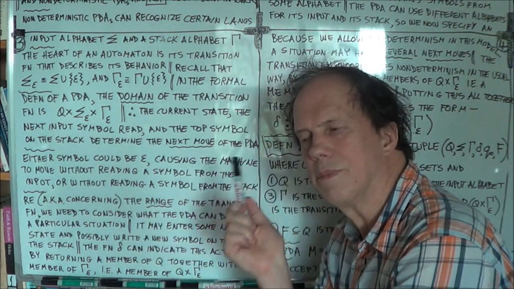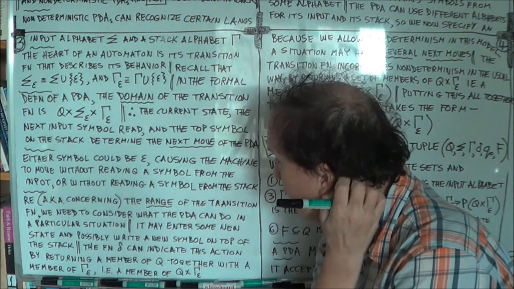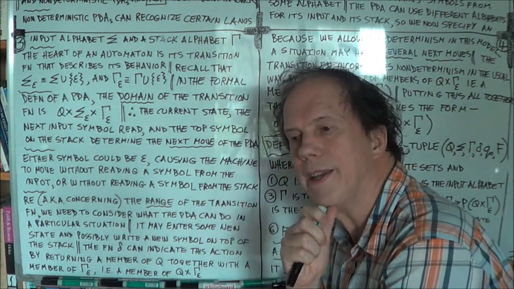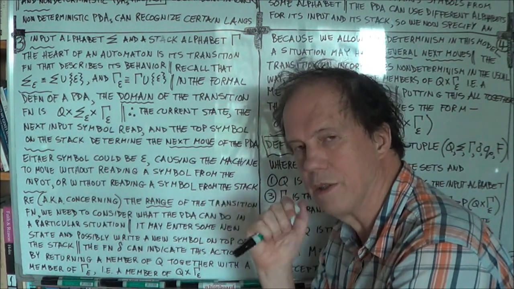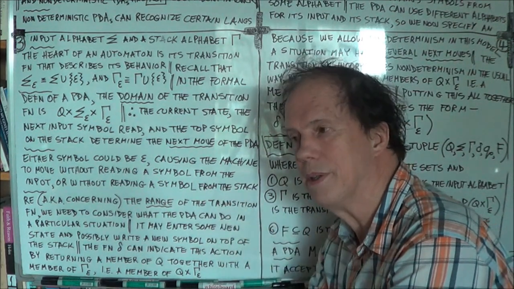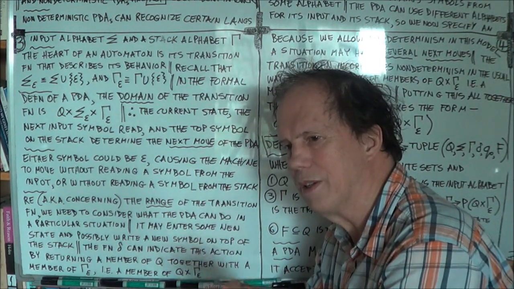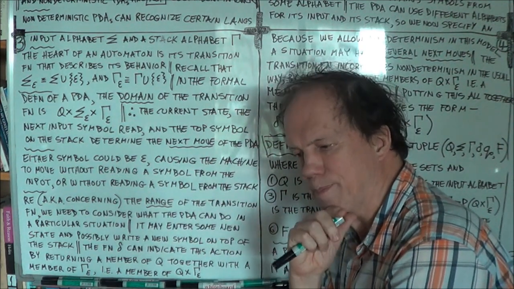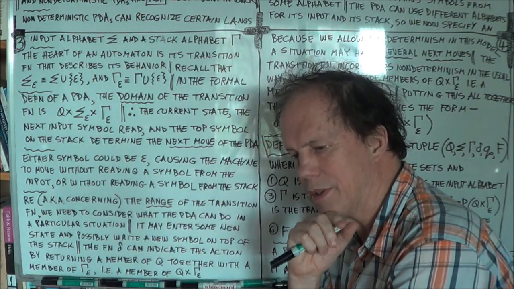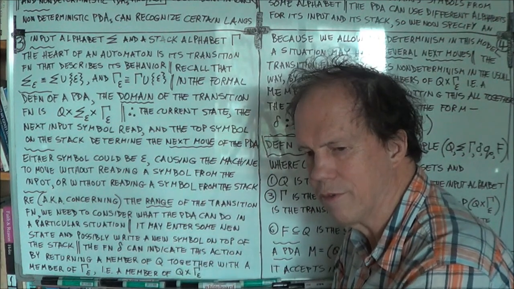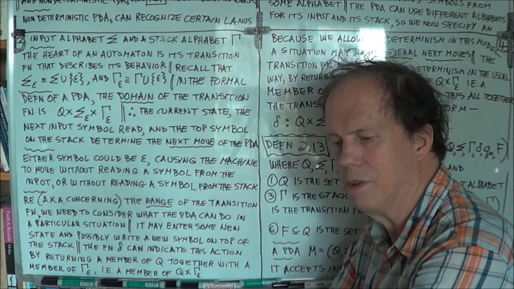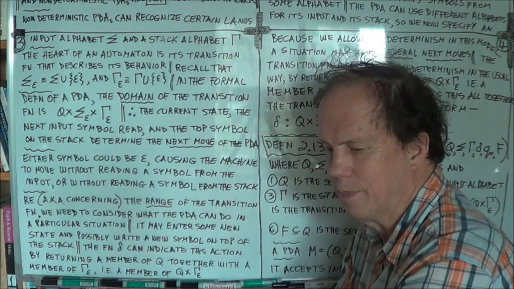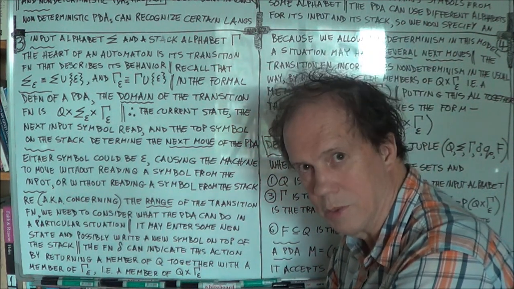How you manipulate the stack will become clearer when we get into the formal definition and examples. But intuitively, in a bit of a hand-wavy, vague way, the second thing your transition function does is decide what to do with the stack.